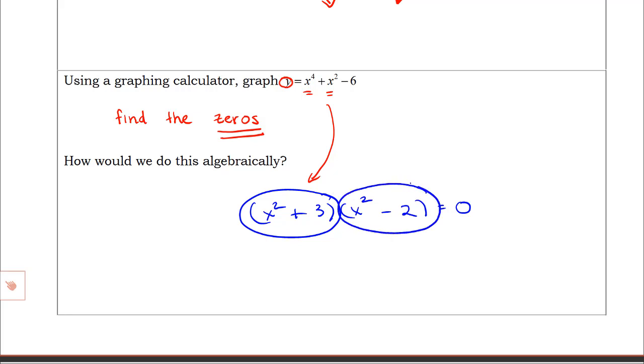Here, we'll have x squared equals 2, root both sides. Technically, the left-hand side is what? Absolute value of x. But we always skip this step, don't we? We just jump right to x is plus or minus root 2. Surprise, surprise.